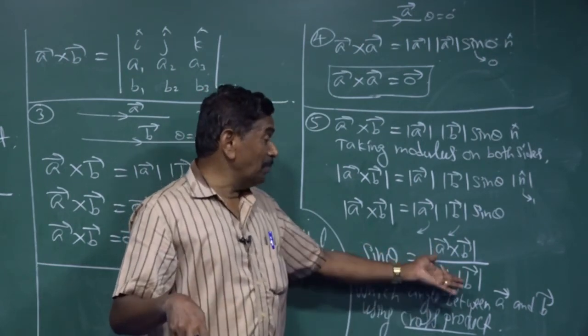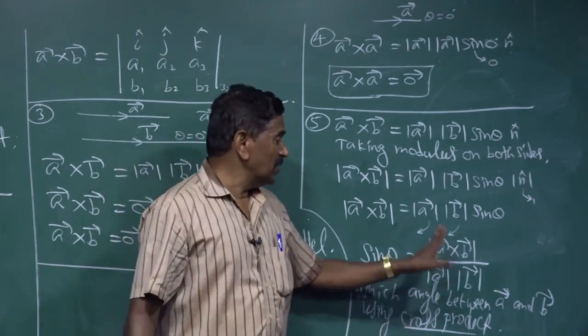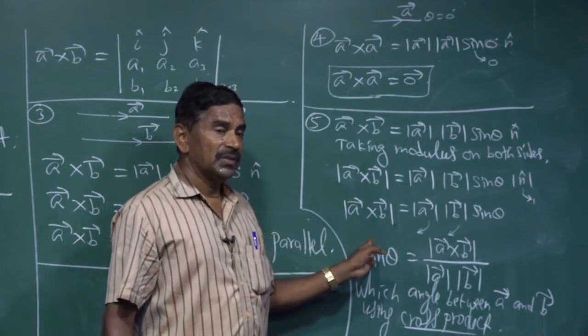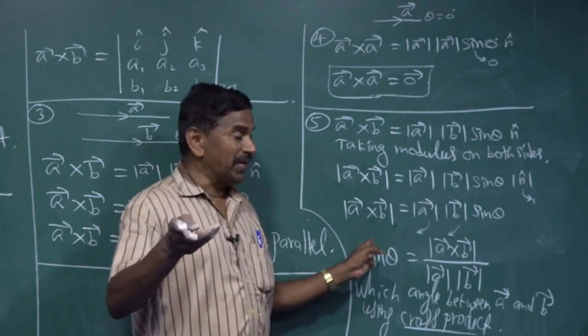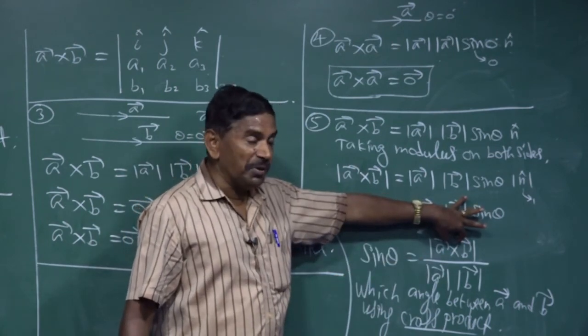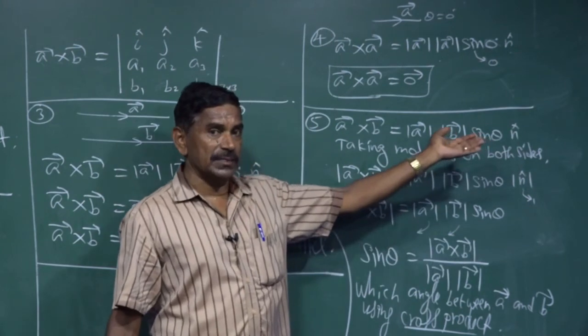But for the angle between two vectors using dot product, finding the angle between A vector and B vector means cos theta. The angle between A vector and B vector is given by cos theta equal to A vector dot B vector divided by modulus A vector into modulus B vector. That is the 8.3 exercise.